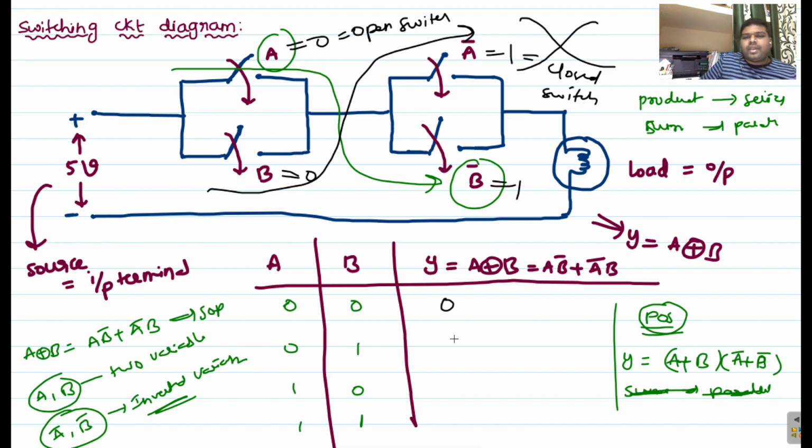In the same way, you can analyze the rest of the three possible combinations, and ultimately you will get 1, 1 and 0 only. You can analyze, if A is equal to 0 and B is equal to 1, what happens? If A is equal to 1 and B is equal to 0, will the bulb glow or not? If it glows, then that is logic 1. If it does not glow, then that indicates logic 0. So this is about the switching circuit diagram of the XOR gate.